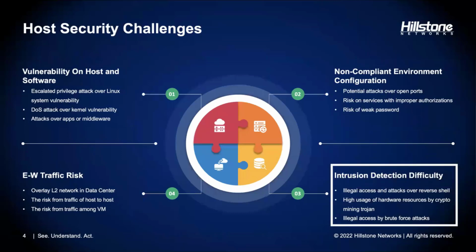Moving on to intrusion detection difficulty. A reverse shell exploitation is common, and I'll explain it as such. There is a target machine that we're looking to compromise, and there's the attack machine, which let's say I own at this time. The attack machine exists outside of the secure network, and the target machine exists within the secure network that is currently protected by a firewall.